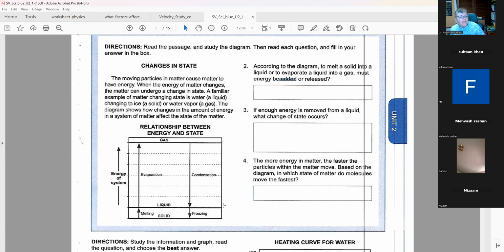And then the more energy in matter, the faster the particles within the matter move. Based on the diagram, in which state of matter do molecules move the fastest? So more energy, where are molecules going to really move? Gas. Yeah, perfect.